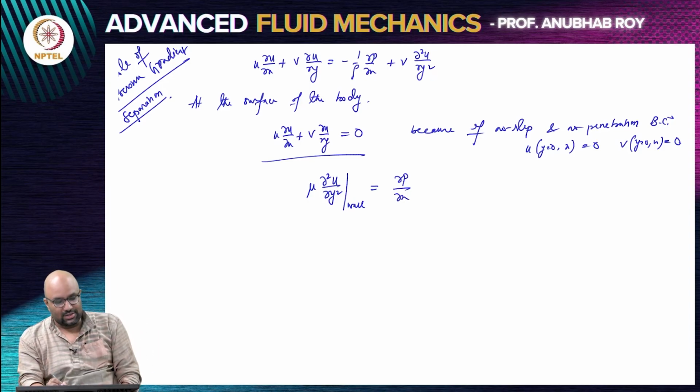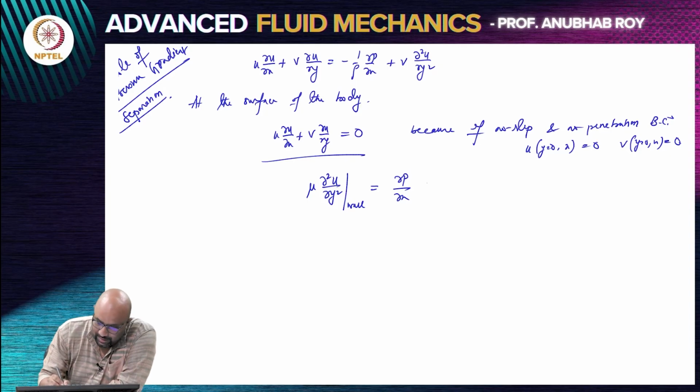The viscous force at the wall is exactly balanced by the pressure gradient because there is no acceleration at the wall. The fluid acceleration at the wall exactly vanishes. We have been touching upon this idea even in previous discussions that when we are evaluating at the wall, the acceleration goes to 0 and you will always have a direct balance between the viscous effects and pressure gradient.